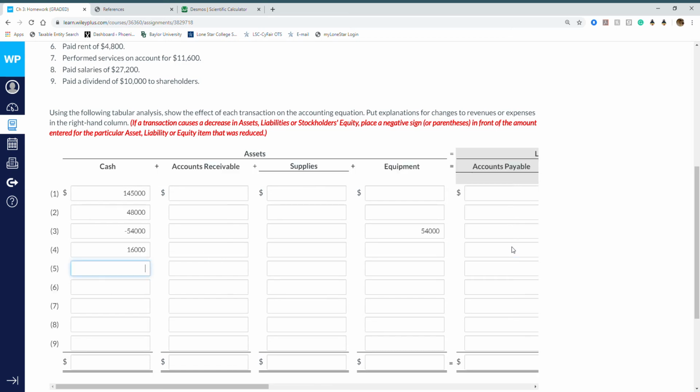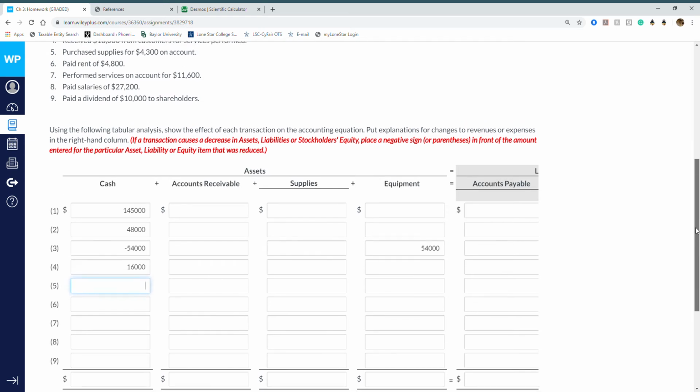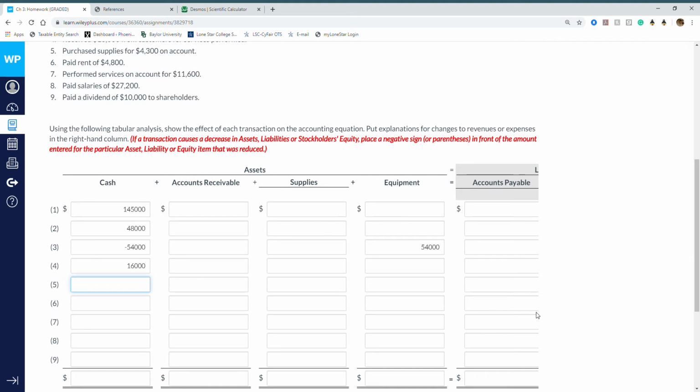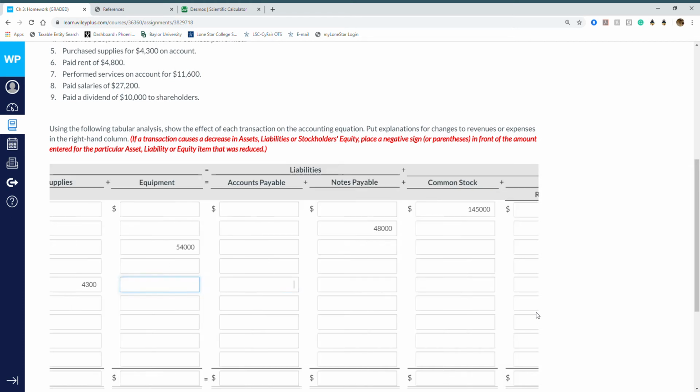Number 5. We purchased supplies on account. Okay, so we know we bought something on account, basically using credit. So we don't have cash, but we do know our ownership of supplies increased, and that would increase our liability.